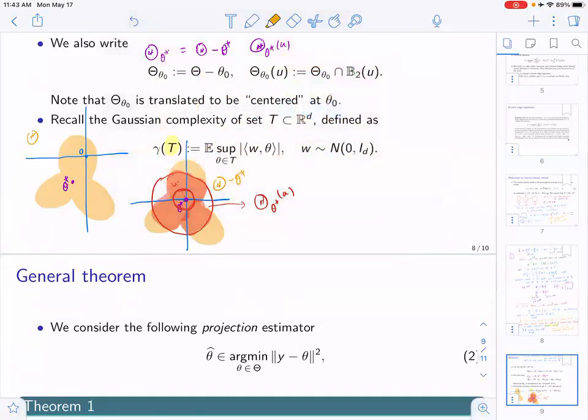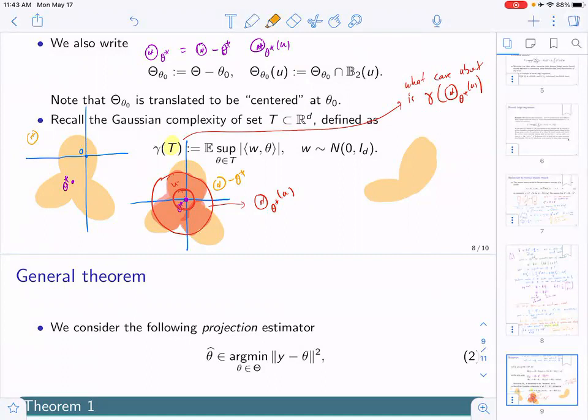Suppose I have something like this. That's my set. What we care about is the gamma of this thing, it turns out the gamma of theta star u. That's the quantity that I want to understand.